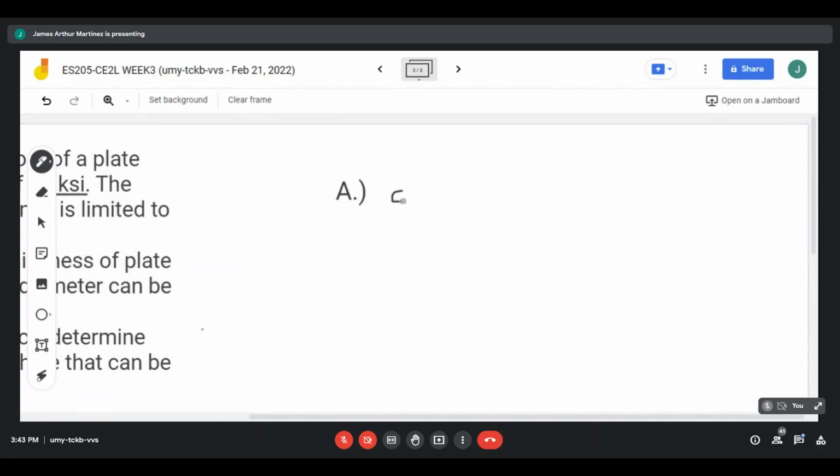So you are given the diameter of the hole, 2.5 inches.